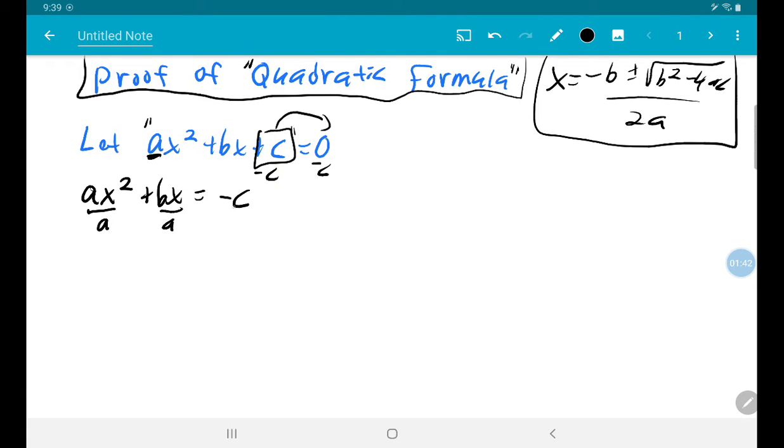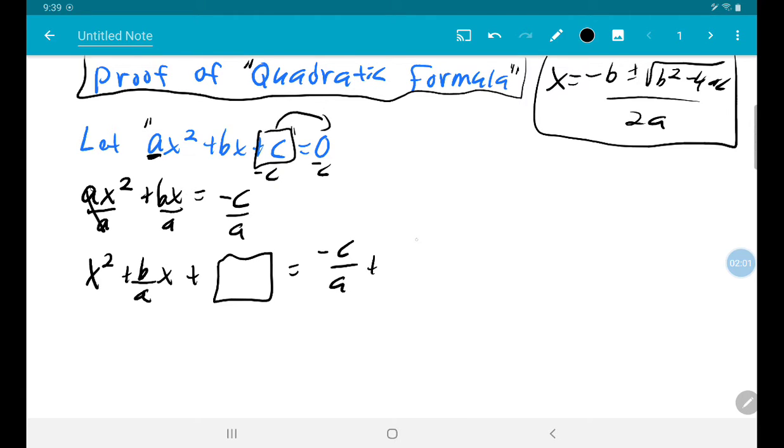So I'm going to divide all terms by that a, so that now I have a 1x squared plus b over a times x. And I'm going to leave a little blank space here because there's something I'm going to need to add to both sides in order to complete the square.